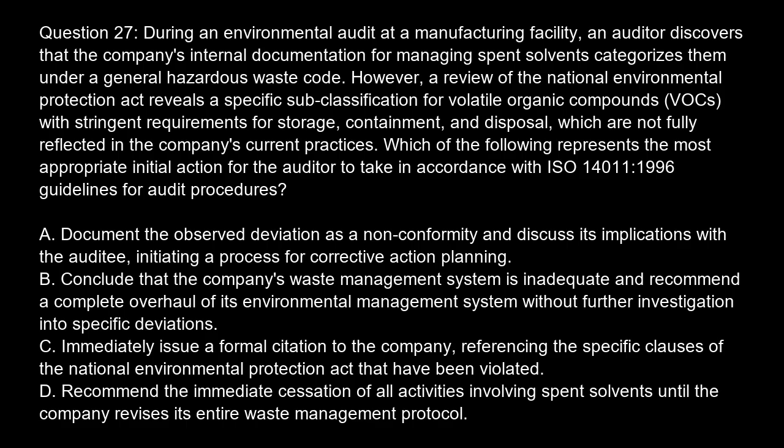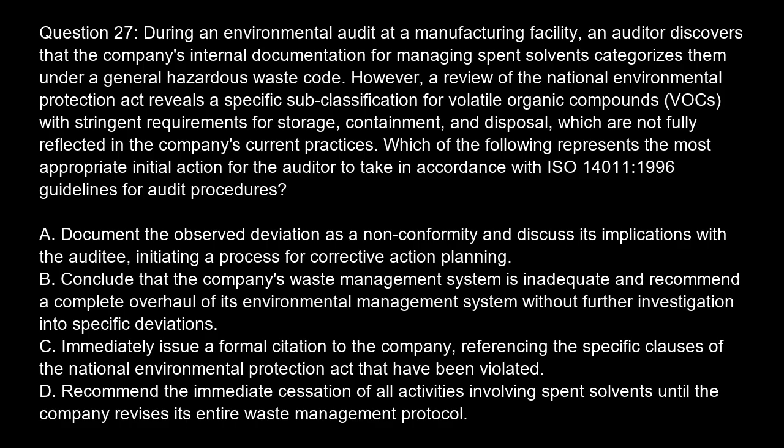Which of the following represents the most appropriate initial action for the auditor to take in accordance with ISO 14011, 1996 guidelines for audit procedures? Option A. Document the observed deviation as a nonconformity and discuss its implications with the auditee, initiating a process for corrective action planning.